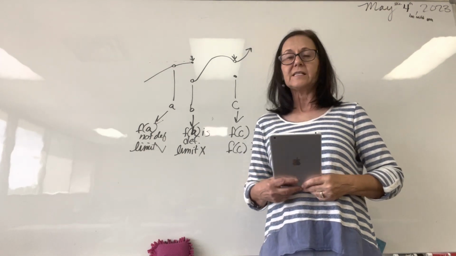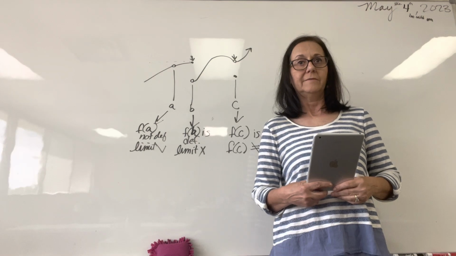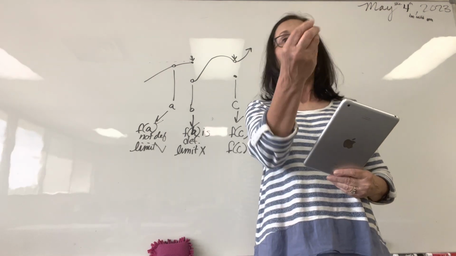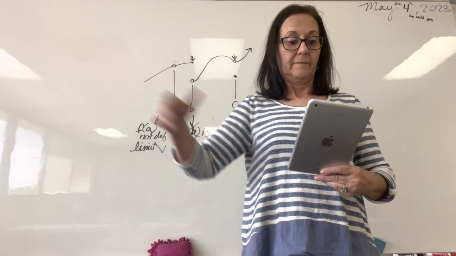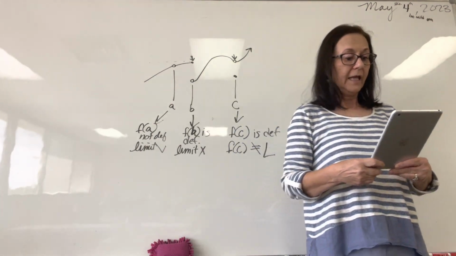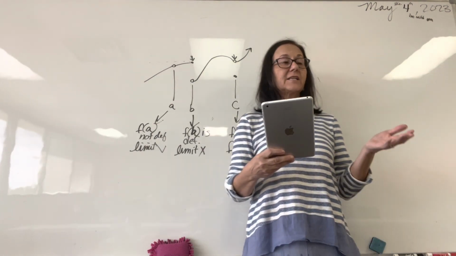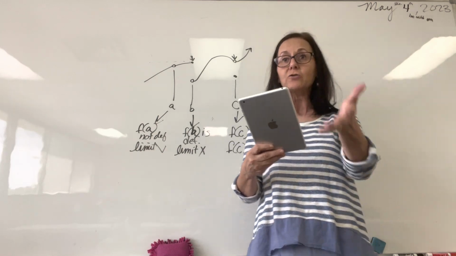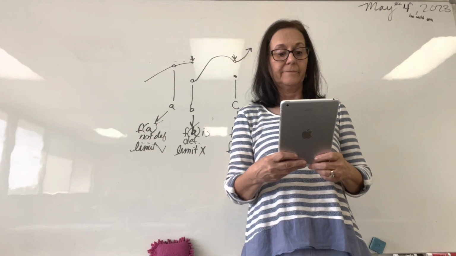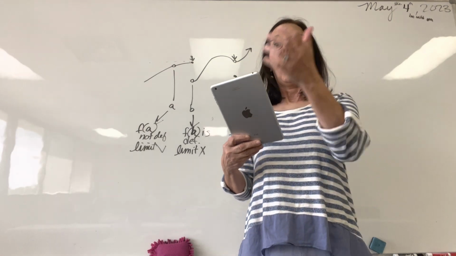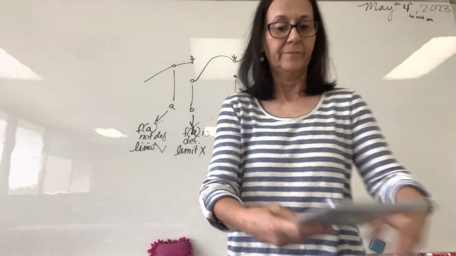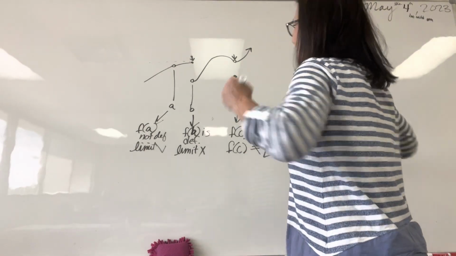First, f of c is defined. Do you know what that's saying? When I plug in c, I get an output y. Second, the limit as x approaches that c value actually does exist. And third, the limit equals what f of c is.